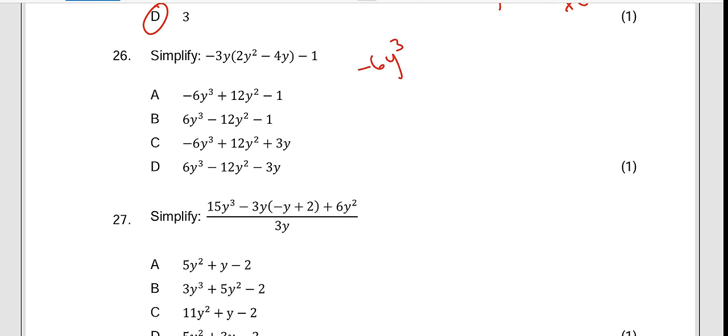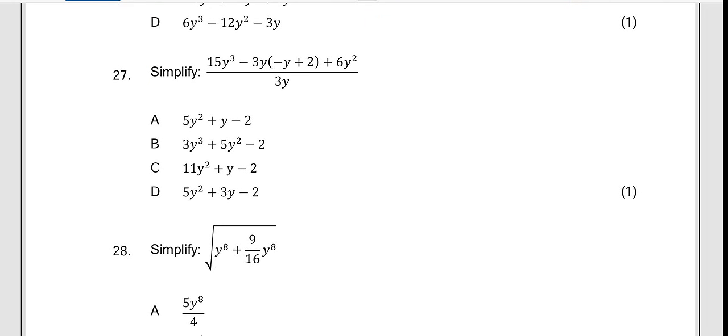Minus 3y times minus 4 is going to be positive 12y to the exponent of 2, minus 1. The correct answer is A. This is simple. The correct answer is A.